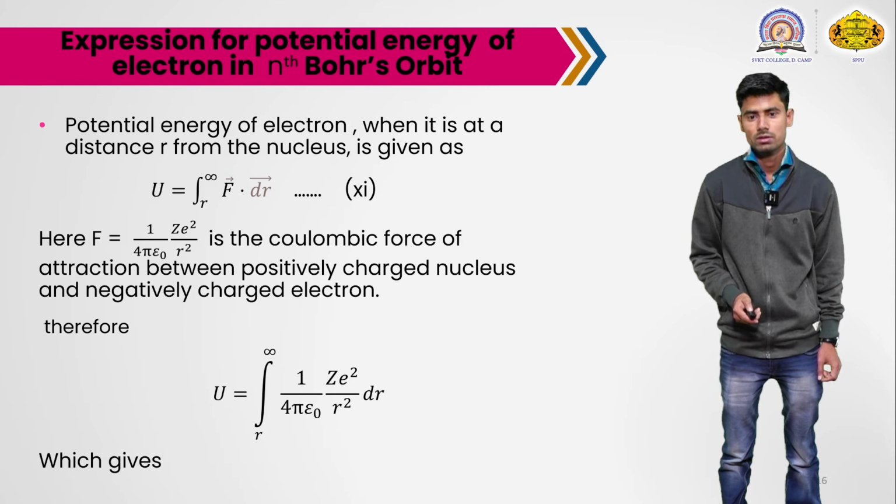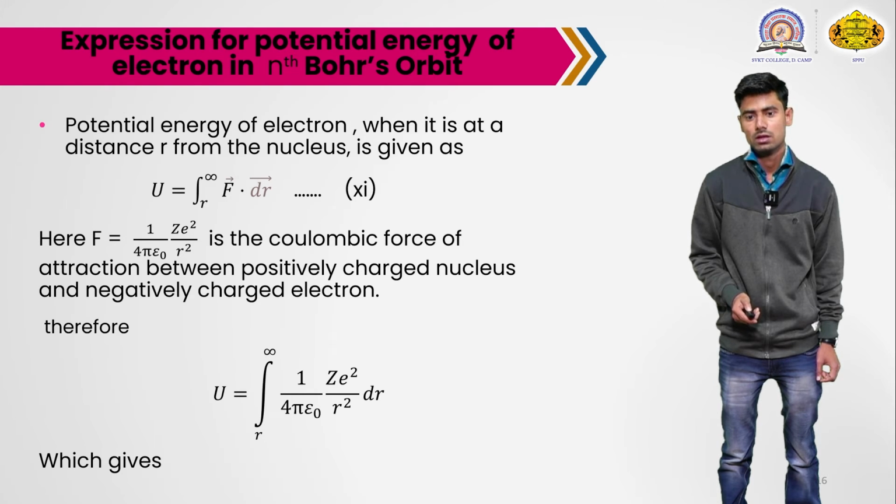So by substituting the value of force in this formula, I will get the potential energy U as the integration from r to infinity of 1 by 4 pi epsilon naught Ze square by r square.